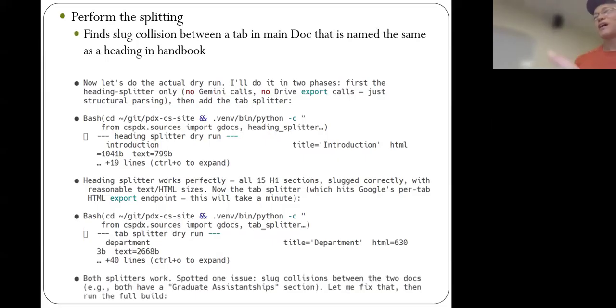And then it's going through there and it spots an issue. There is a collision, a slug collision between the 2 docs. Andrew has a heading in his Google Doc that's exactly the same as a tab in my Google Doc. And when this system tries to export the slug, they conflict. And it tells me that.